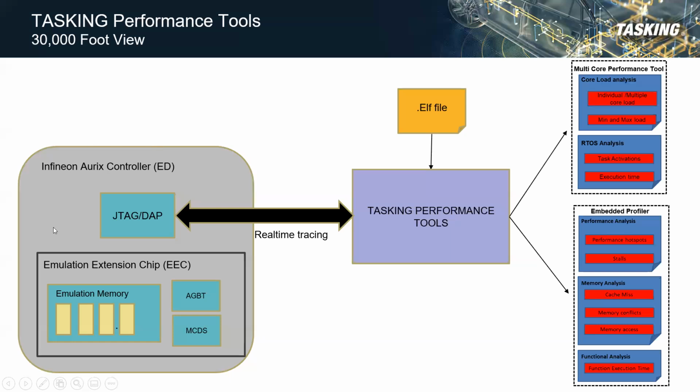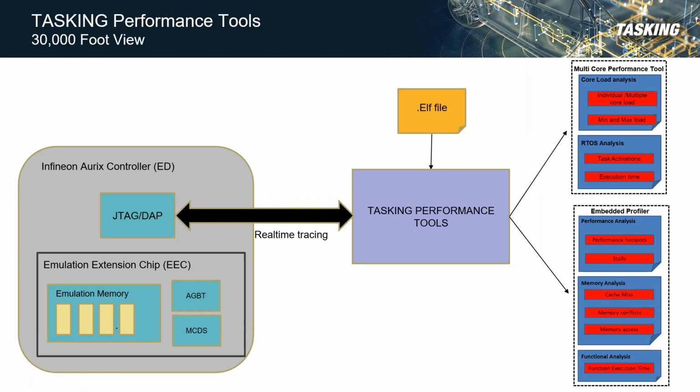There are a lot of questions on this slide here. So emulation devices, if you've worked with the AURIX, are very expensive and they cost a lot of money. Production devices are what are used for development, and the amount of memory that's available for emulation is dramatically different between an emulation device and a production device.